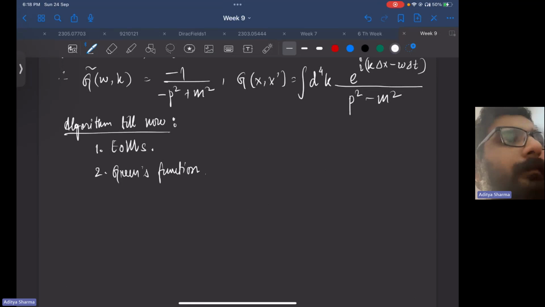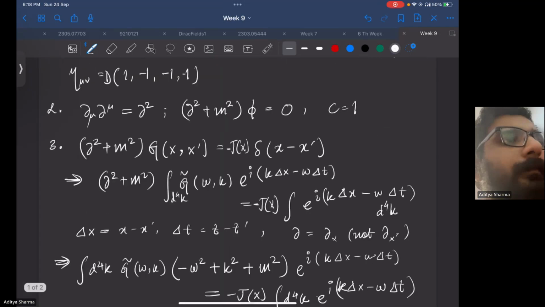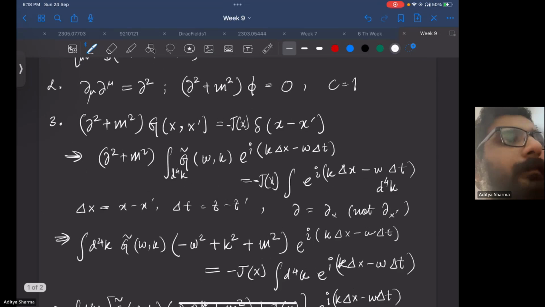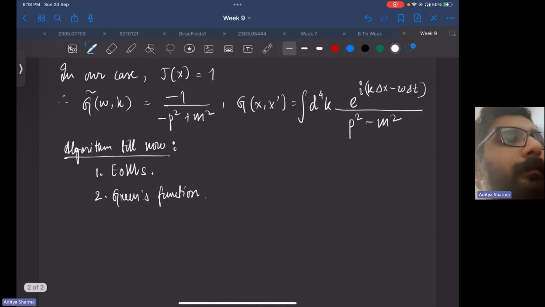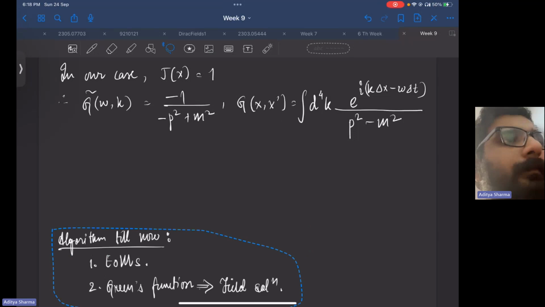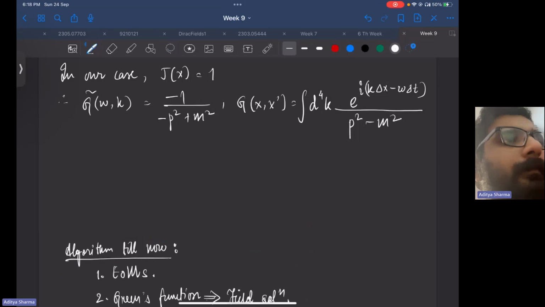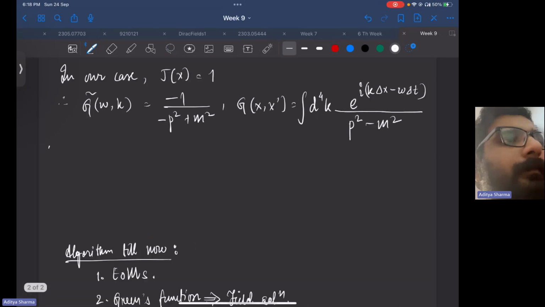Okay. Now, the Green's function implies your field solution. What I mean is you have to write, so this was 3, so this is number 4: write your field in terms of variables.